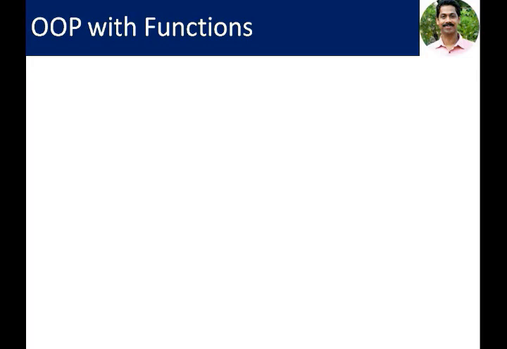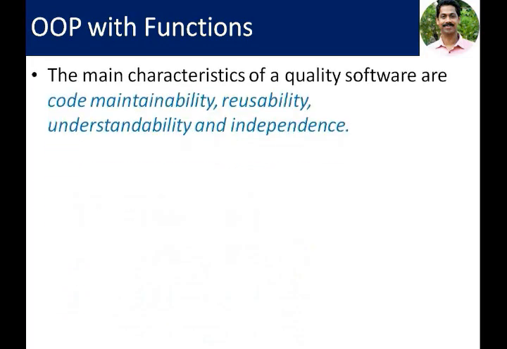Object-oriented programming with functions. The main characteristics of a quality software are code maintainability, reusability, understandability, and independence. When we are doing software projects, all these points are to be considered.